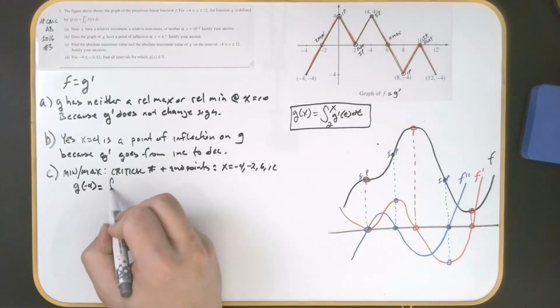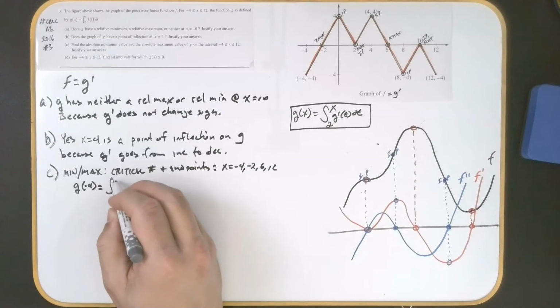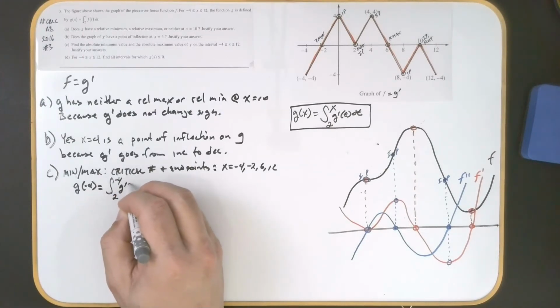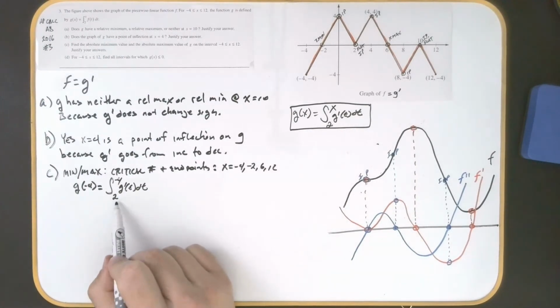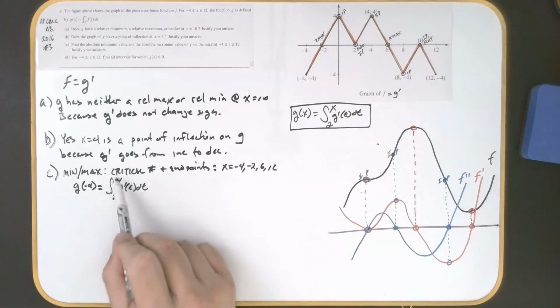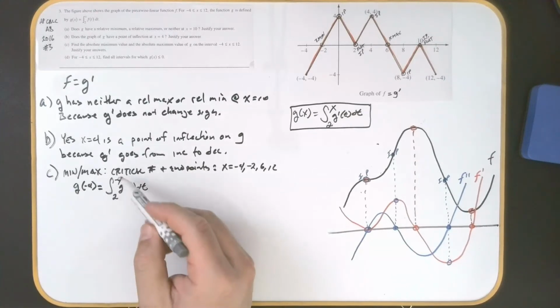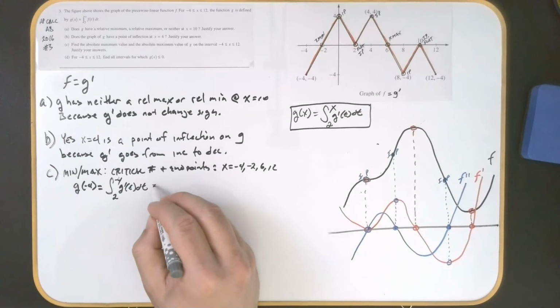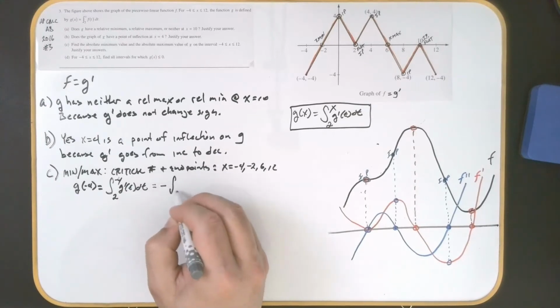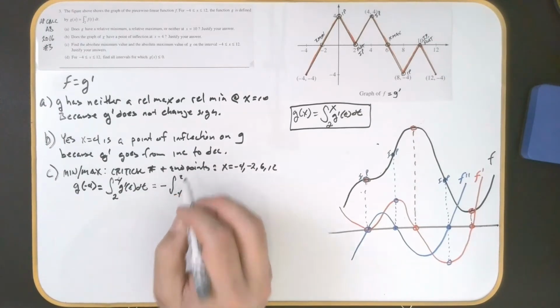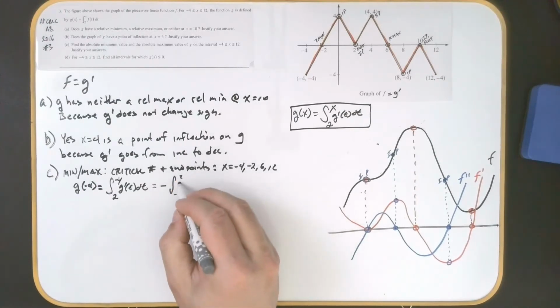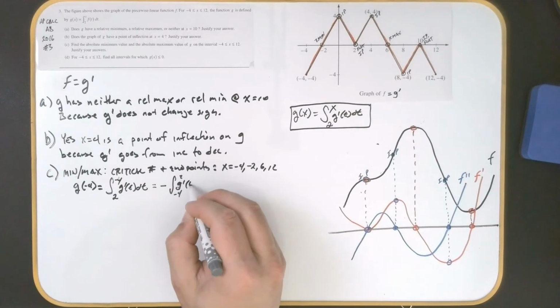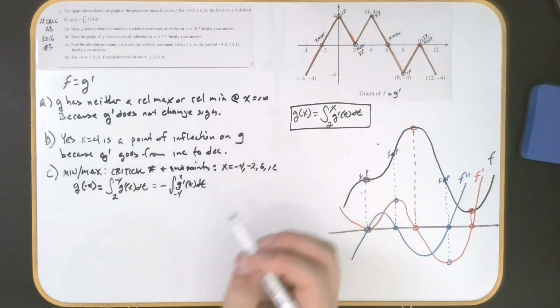So g of -4 is going to be the integral from 2 to -4 of g prime of t dt. Well, a always has to be less than b, so the fact that this is negative is messed up here. So I have to switch the order. And whenever you switch the order of a and b, you just put a negative out front. So now this is the integral from -4 to 2 of g prime of t dt, or we can switch it to x, doesn't really matter.